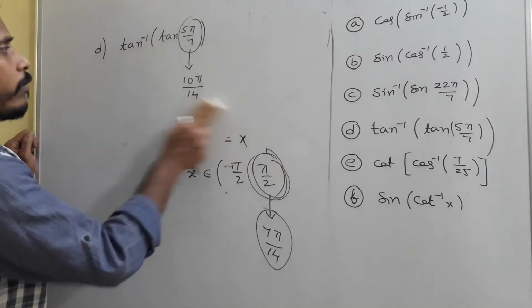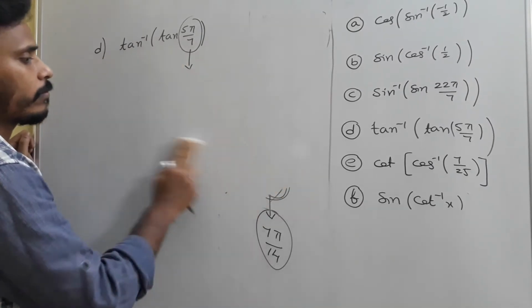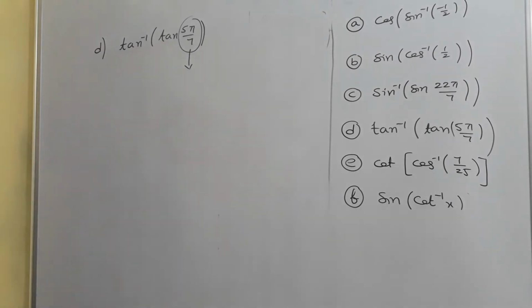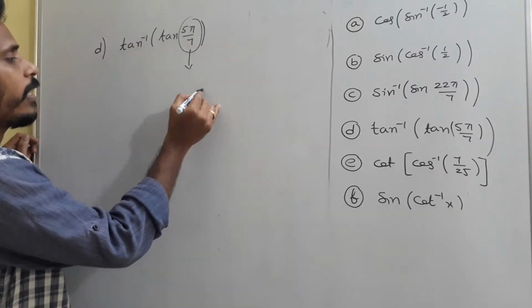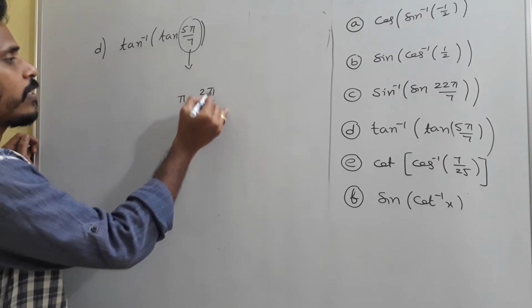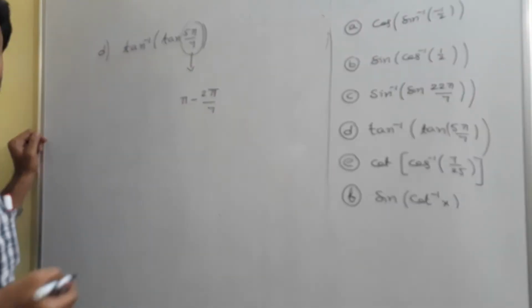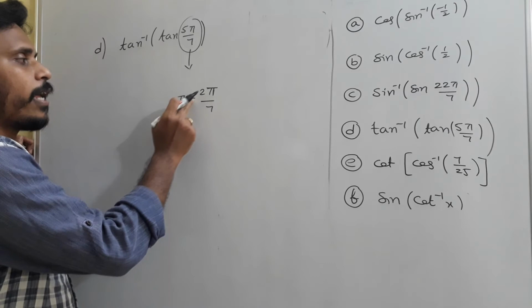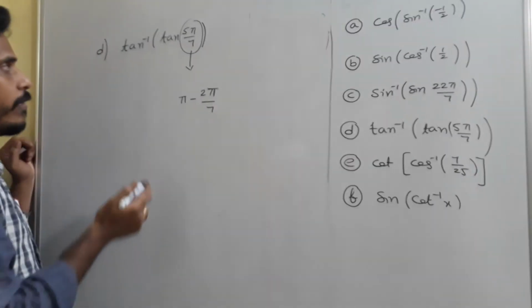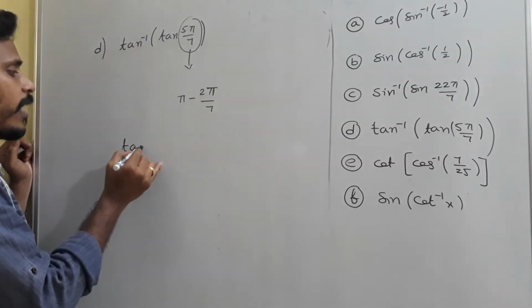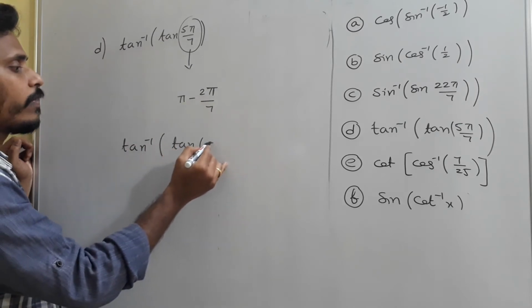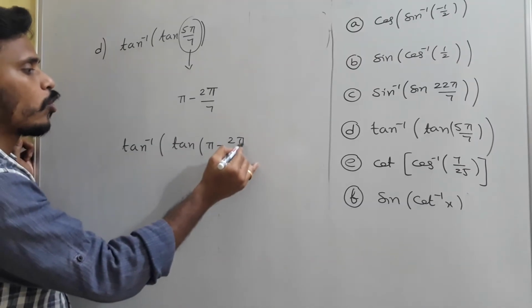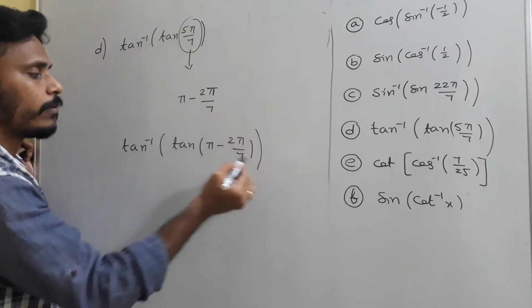Now just try to rewrite that angle, 5 pi by 7. 5 pi by 7 can be written as pi minus 2 pi by 7. Just have a look: 7 pi minus 2 pi is 5 pi by 7. Now this is tan inverse of tan of pi minus 2 pi by 7.